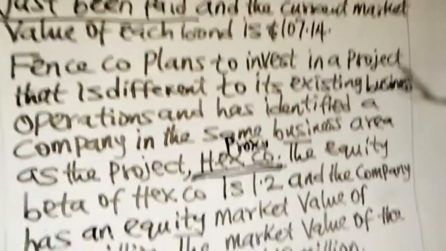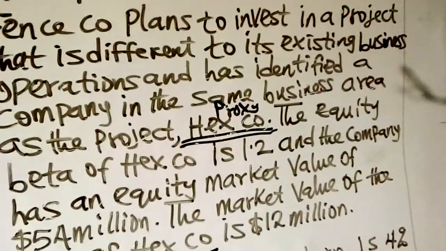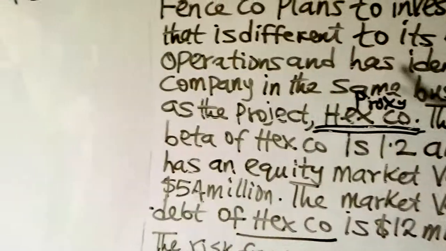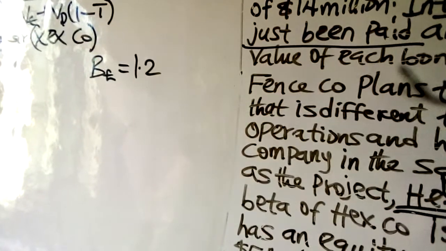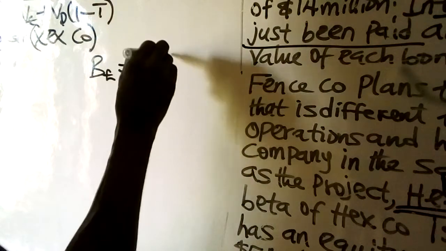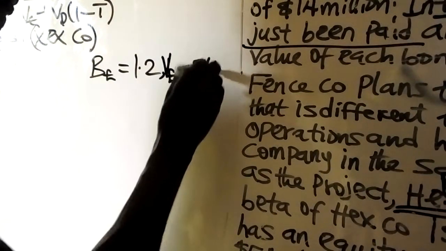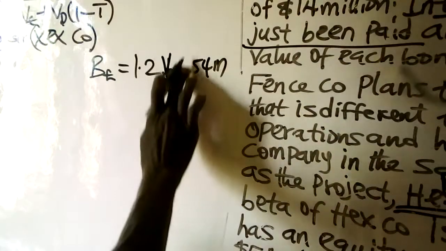Then the company has an equity market value of 54 million. The market value of HESCO is 54 million. So we have the value of equity to be $54 million.